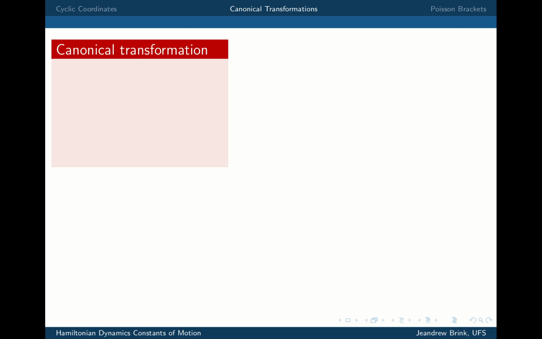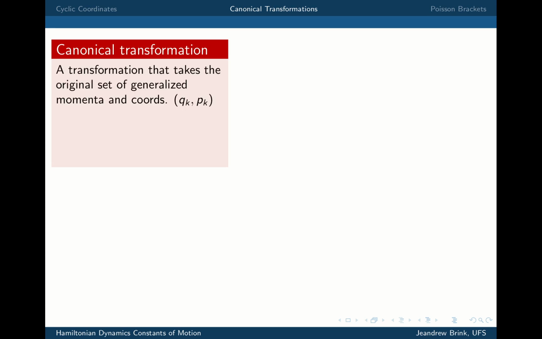So there's a very special type of transformation where you change not just the position variables, but both the position and the momenta variables, so that you retain the structure that you can always derive the equations of motion from the Hamiltonian. Okay, and that we call a canonical transformation.